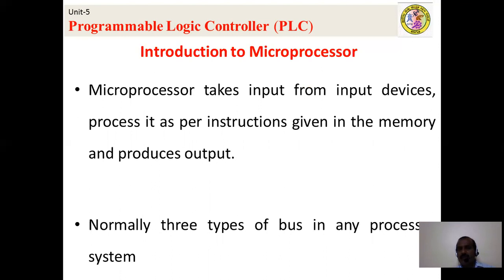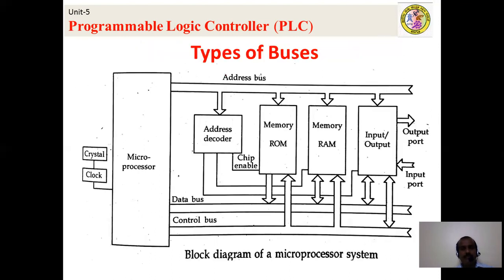Microprocessor takes input from the input devices, processes the data as per the instructions given in the memory, and produces the output. Normally, there are three different types of buses in any microprocessor system.